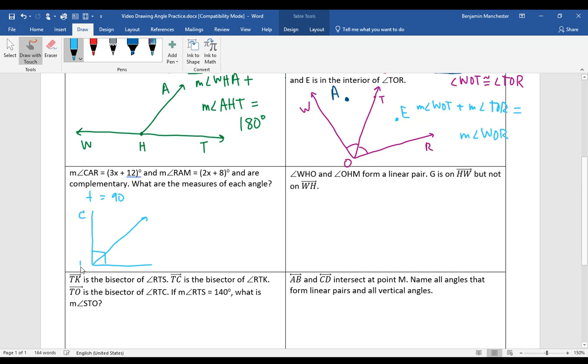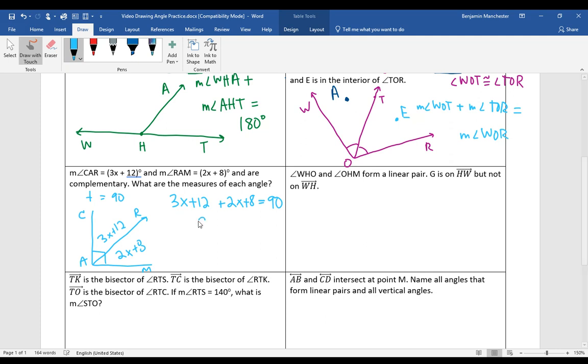CAR is 3x plus 12. And then in here, RAM is 2x plus 8. So that means we add up these two angles, 3x plus 12 and 2x plus 8, and that needs to equal 90. Okay, that's what a complementary angle does, 90.